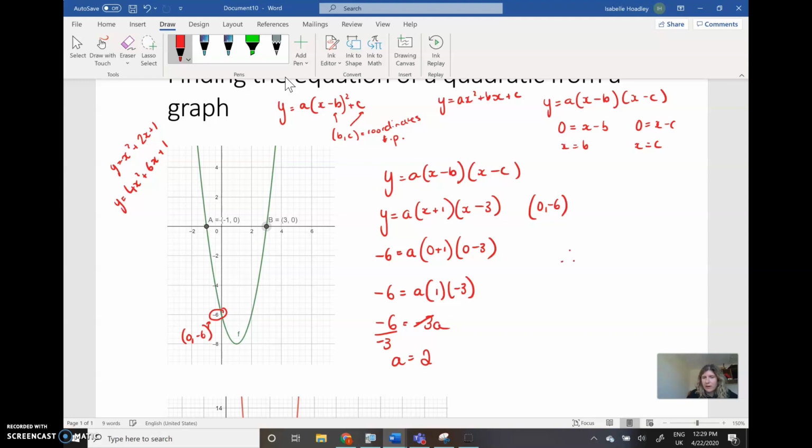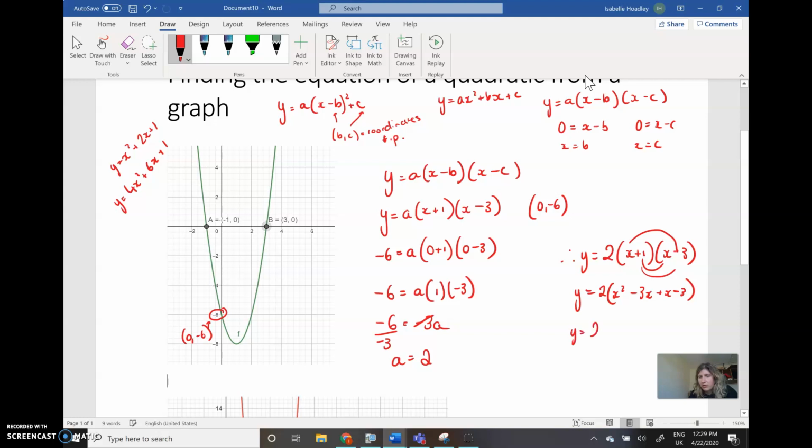So therefore, now I can write out my final equation. So y equals 2(x plus 1)(x minus 3). Now, the last thing that we should always do when we're writing a quadratic equation is we want it written in our expanded form. So we're now going to expand this to get our final equation. So that's 2, and now we're going to use FOIL here. x squared minus 3x plus x minus 3.